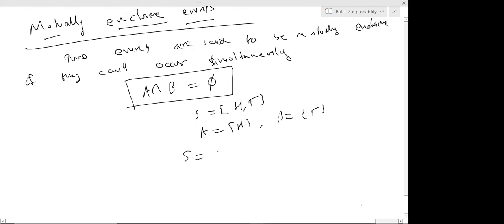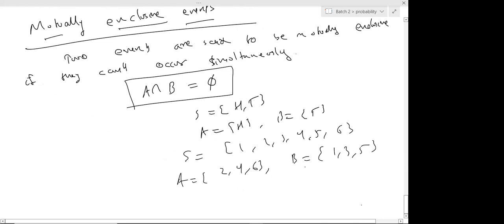In the case of rolling a dice, if you take A as even numbers and B as odd numbers, then they are also mutually exclusive. No common elements between them. A intersection B is phi.